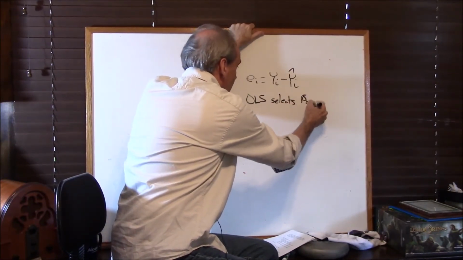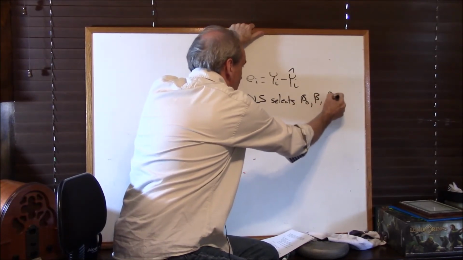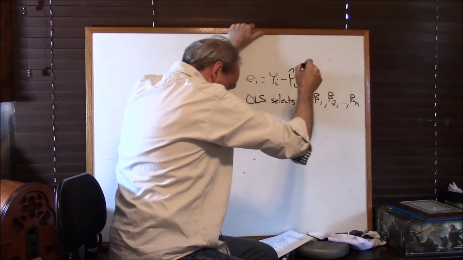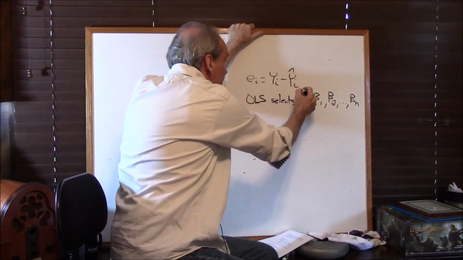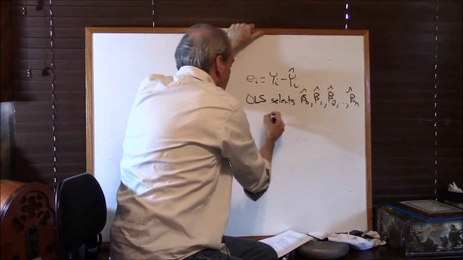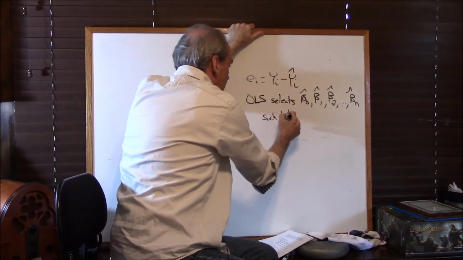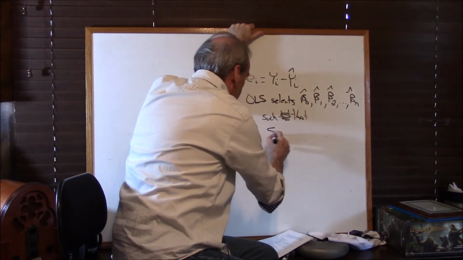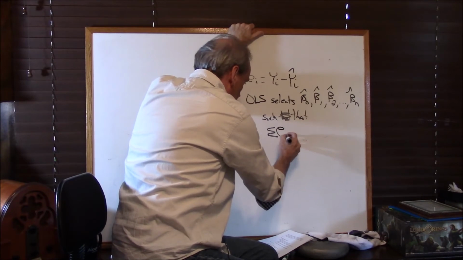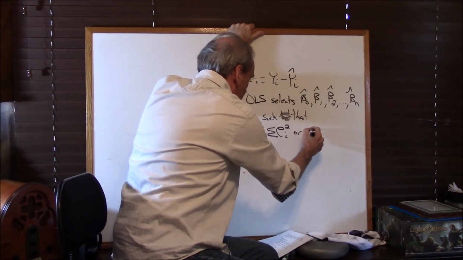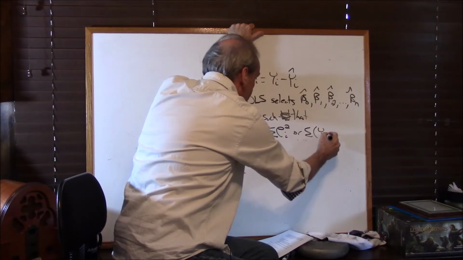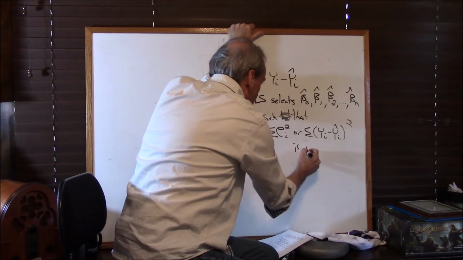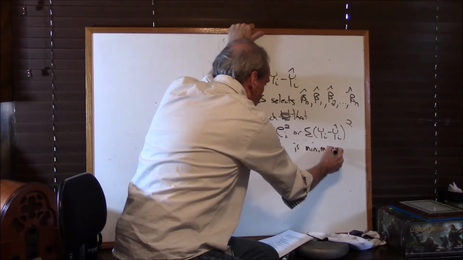Ordinary least squares selects beta sub 0, beta sub 1, beta sub 2, up to beta sub n, such that the sum of the squared residuals is minimized.